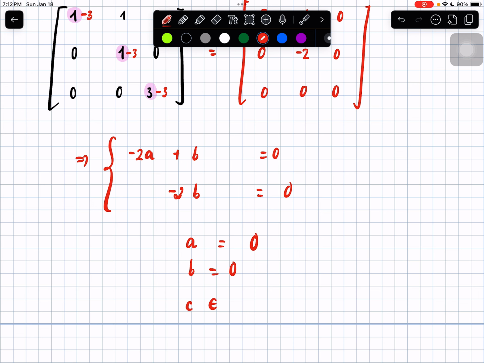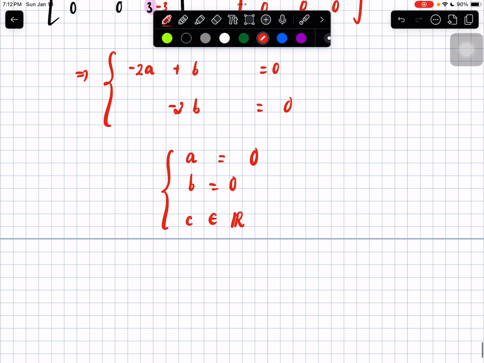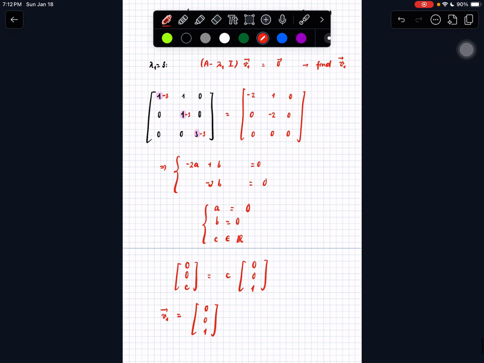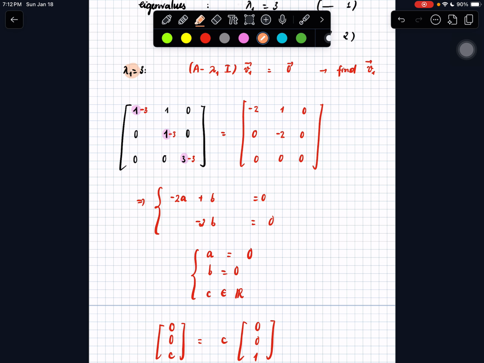C can be anything. C is free. The vectors of the form A, B, C now will be 0, 0, C. So 0, 0, 1. Eigenvector V1 is 0, 0, 1. Okay, so we have done with the easiest case where multiplicity is 1.